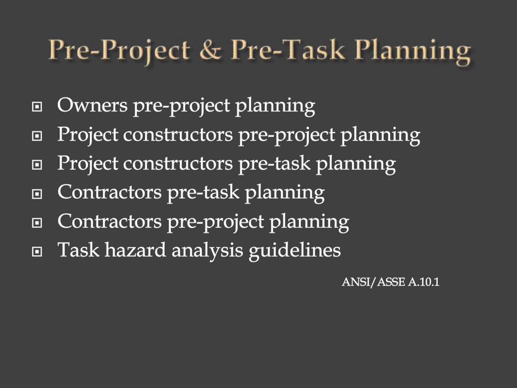But he also needs to tell them that he wants a site-specific plan from each one of them. In addition, he has the responsibility to make sure that those site-specific plans are coordinated.